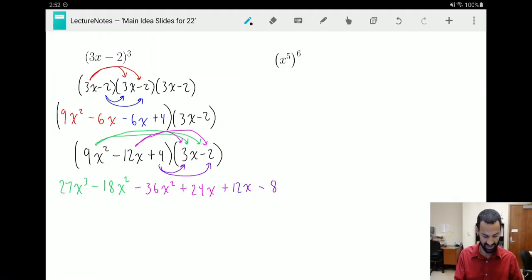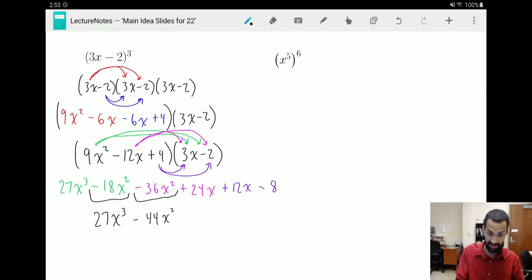Okay, well, 27x to the third power, it's the only third power up there, so I will just go ahead and bring it down. Negative 18x squared and negative 36x squared. Okay, we have two sets of x squareds, so negative 18 minus 36 is negative 54. So we have negative 54x squared.